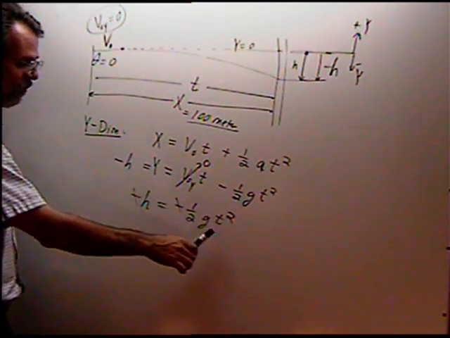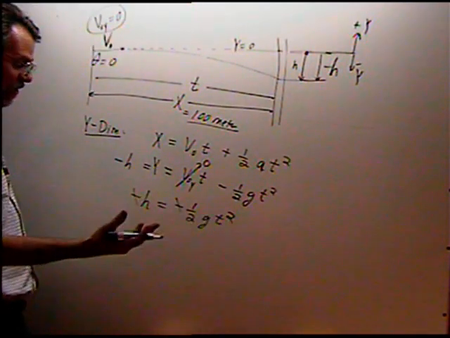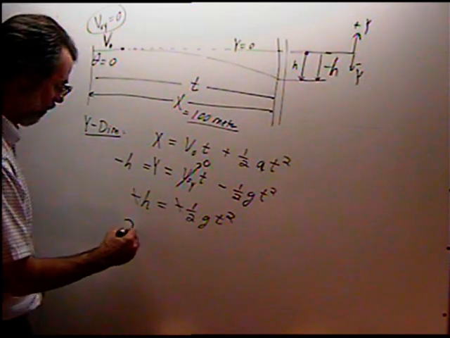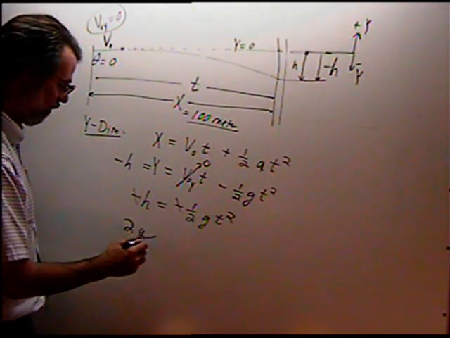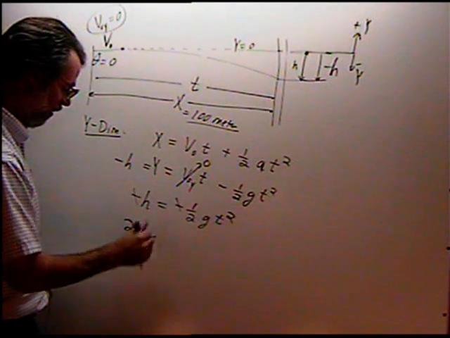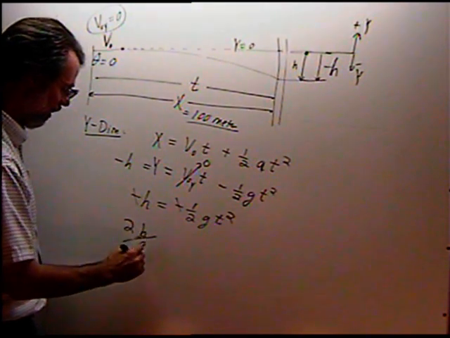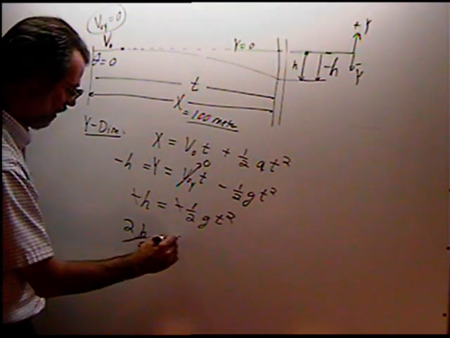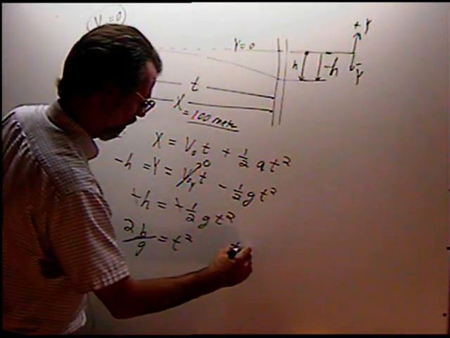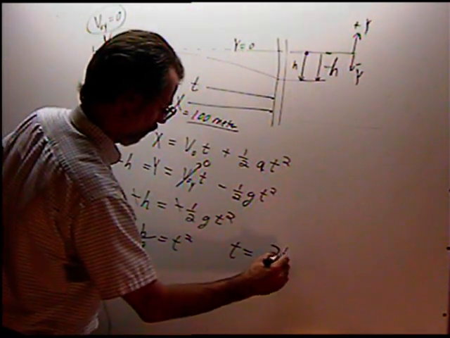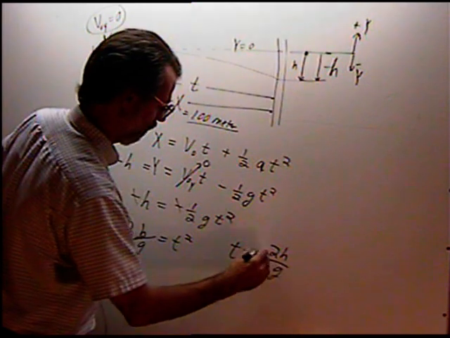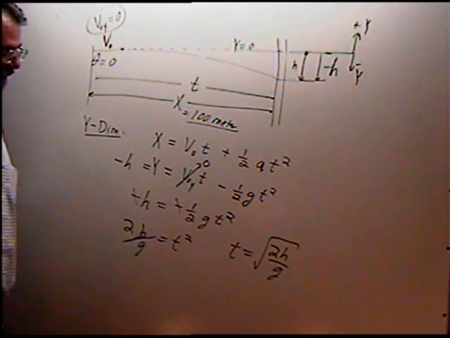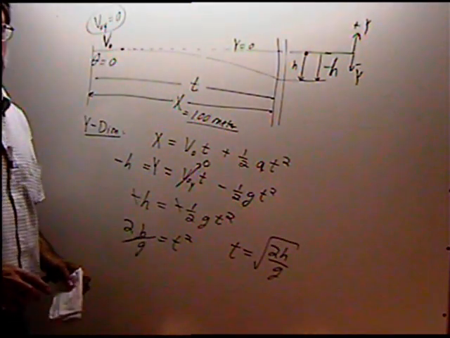Minuses cancel out, and again we can solve for t, which is just like the other time. So we have 2h over g equals t squared, or t equals the square root of 2h over g.